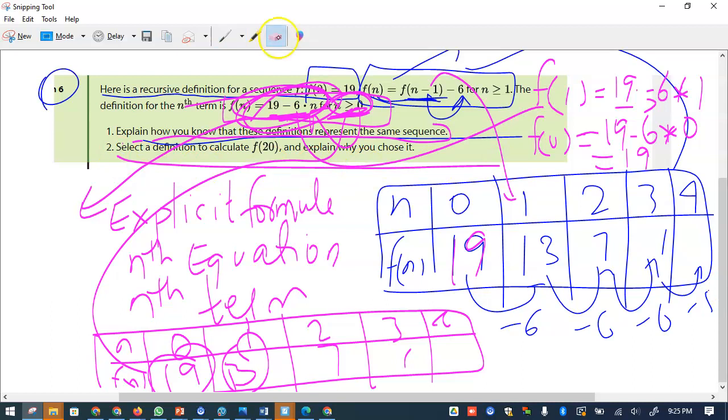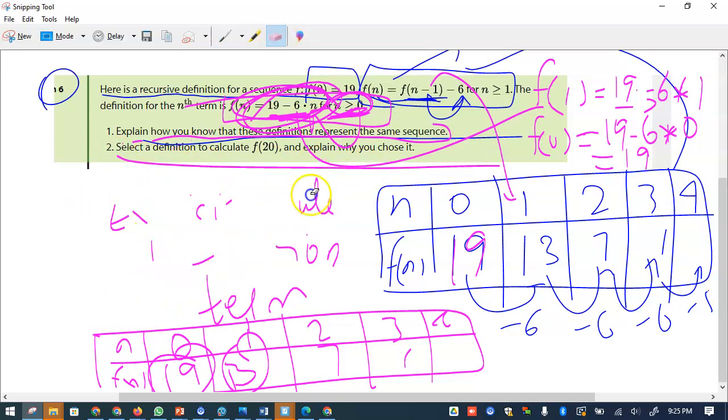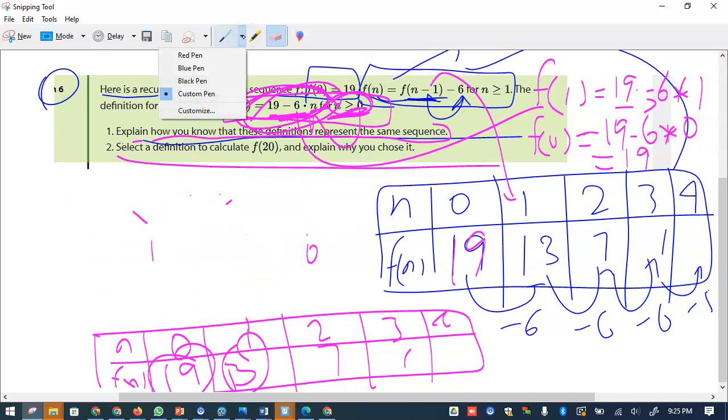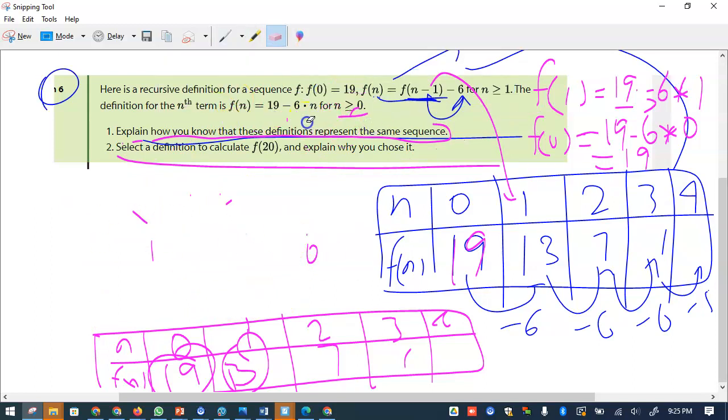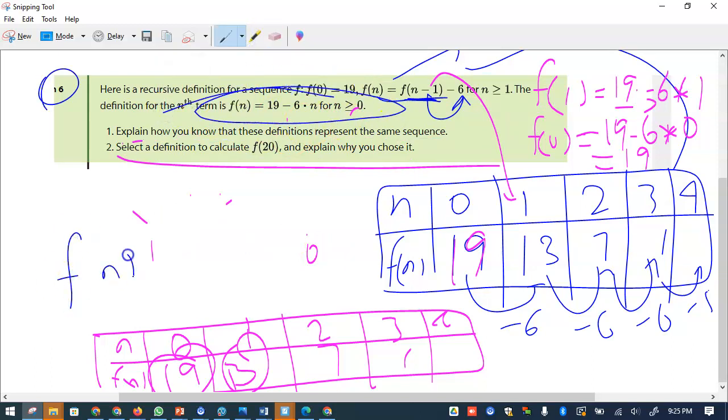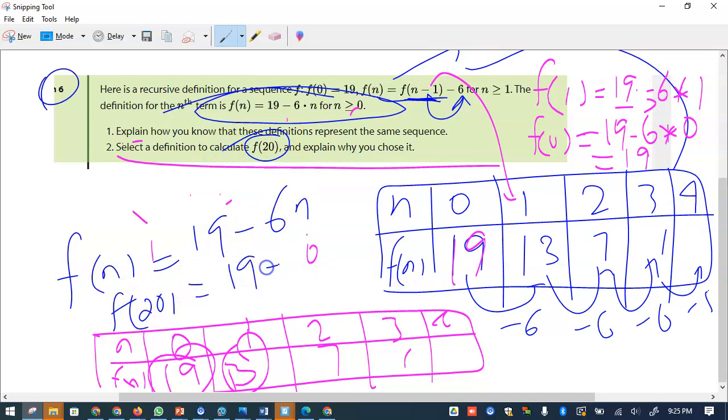All you do here is you have to find f of 20, and the best is the explicit equation. So this is the better one. This is better because you just have to put the value, f of n equals 19 minus 6n, and you just say okay, f of 20, plug in n equals 20, and you say 6 times 20, and you get the answer. So I hope that helps.